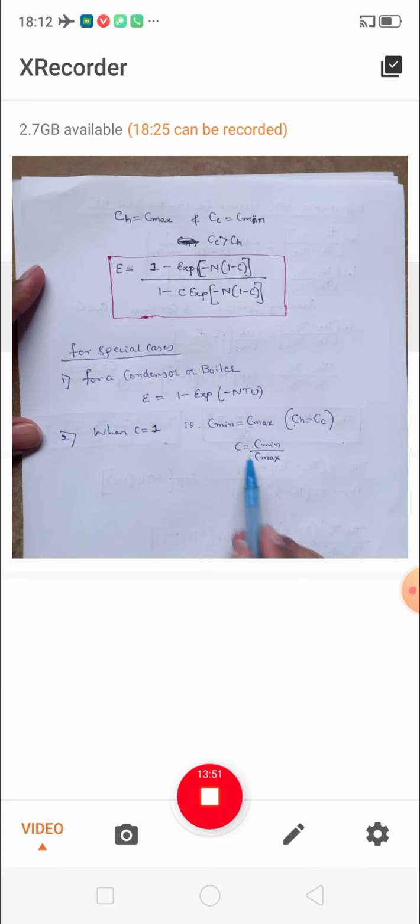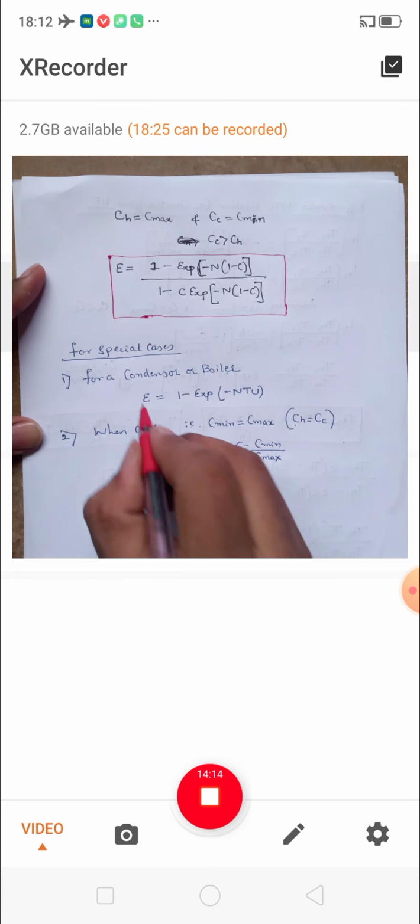When C is equal to 1, the effectiveness of the counterflow heat exchanger is given by NTU divided by 1 plus NTU.